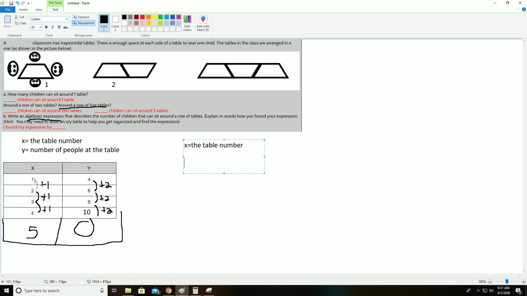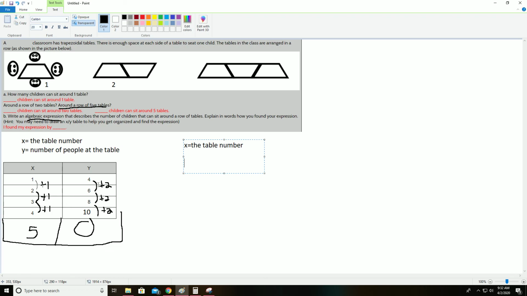Something else I'm thinking about is the numbers that I was talking to you about before. I told you that every time the table size grows, we have to take away 2, but we get 3 more. And we're also getting a +2 here. I think this +2 is going to be super helpful in your expression.